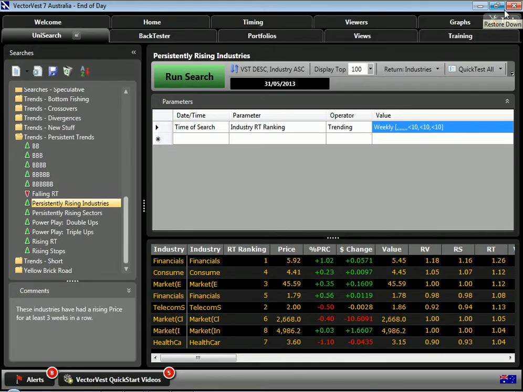A lot of creative, powerful ways that you can use this industry information and use the Unisearch tool to help you identify the industries and the stocks in those industries that are exhibiting specific behaviors. And of course, it occurs to me, I also could have created a trend where the RT ranking was just going lower on a weekly basis over the last 3 weeks, so that I could look for industries that had improved their positions over the past 3 weeks.